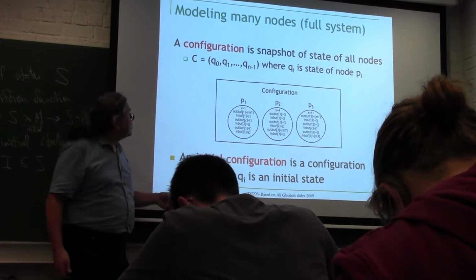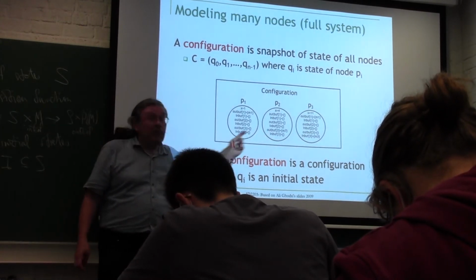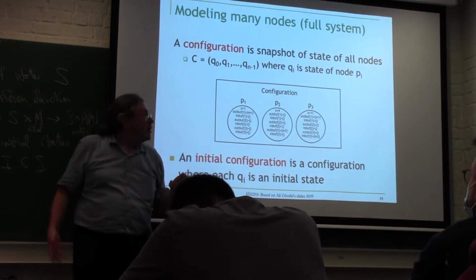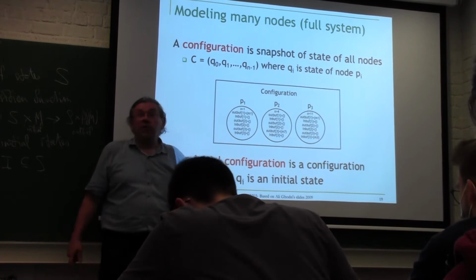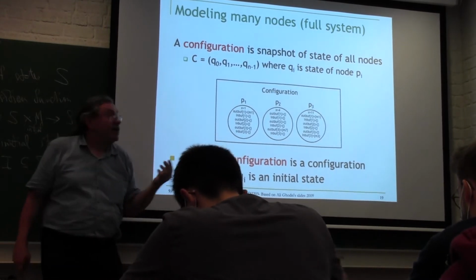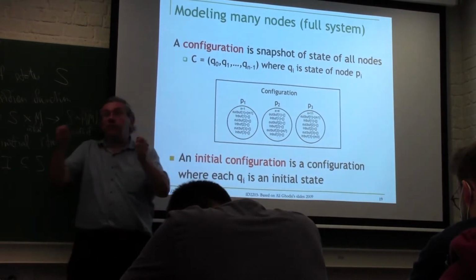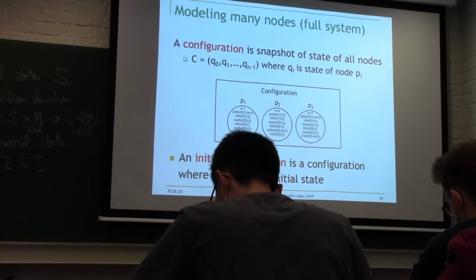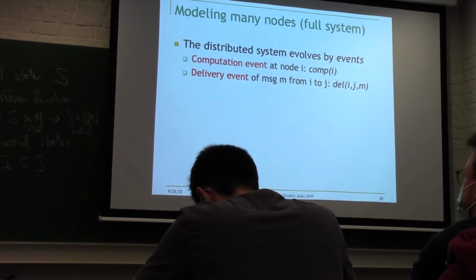So how does it execute? This is kind of like a concurrent system with many threads. Each of these nodes is doing sequential execution, a sequence of transitions. It's a little bit more than that because you have a network.